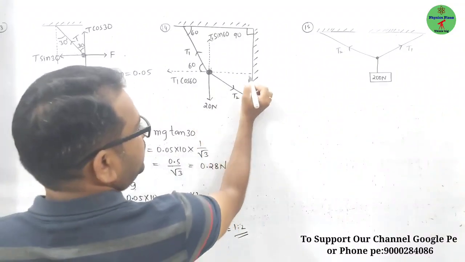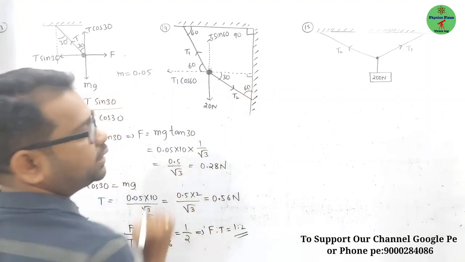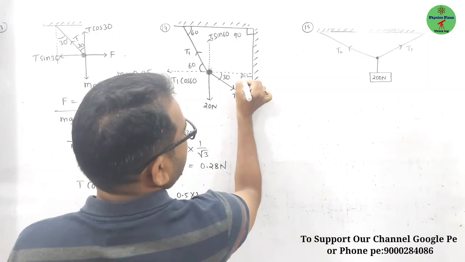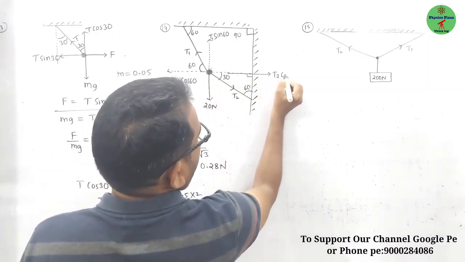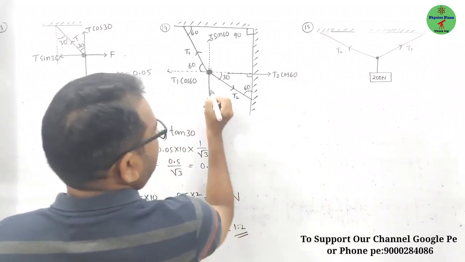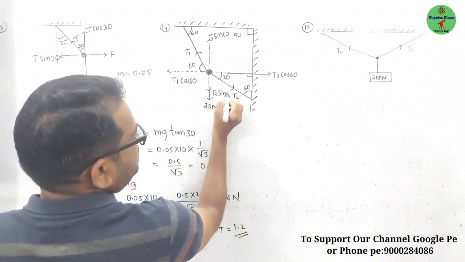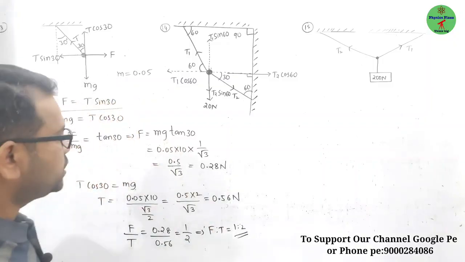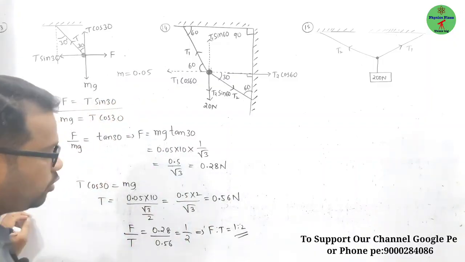Children, here is 90, 60, so obviously this is going to be 30. Then this T2 can be resolved. This is T2 cos 60, and here T2 sin 60. That's it. Children, here we need some space. Hope you have copied this.